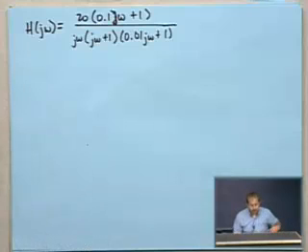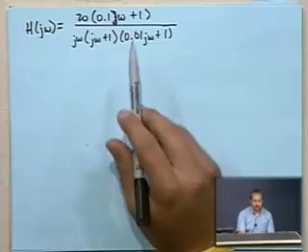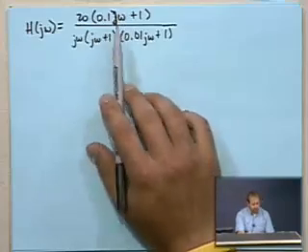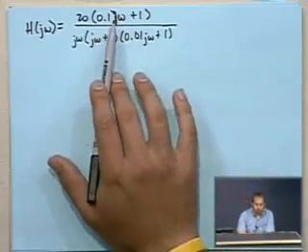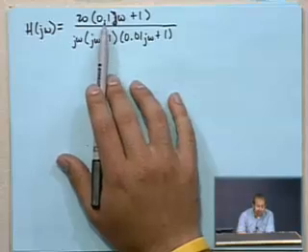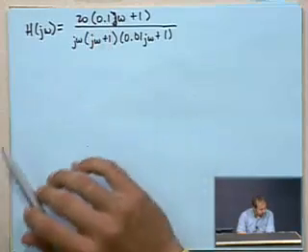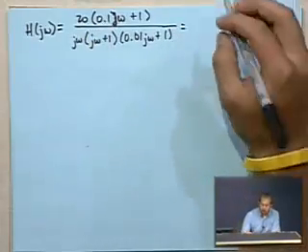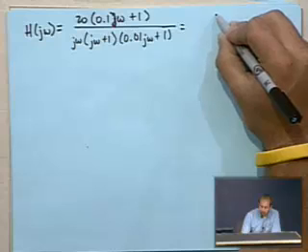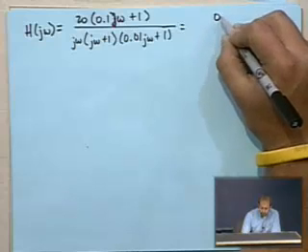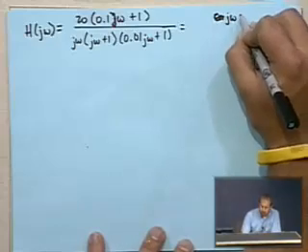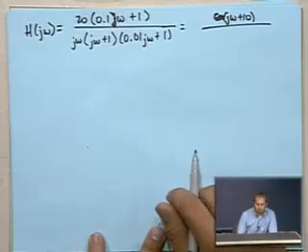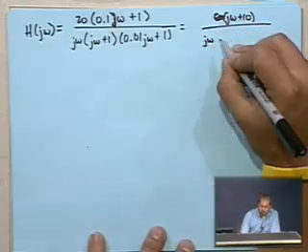We'll start by getting the fractional coefficients away from the jω terms. Pulling this 1/10 out, that's going to make the numerator term jω + 10. Then we have jω, we don't have to do anything to that.